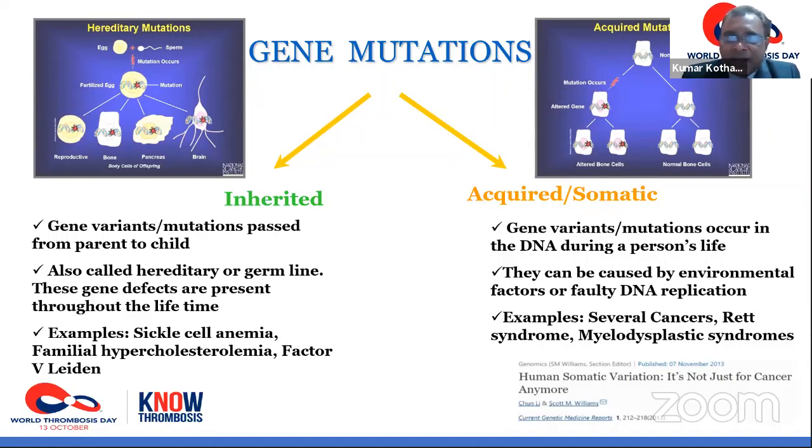Inherited mutations pass on to the next generation because they are in the germline, but acquired somatic mutations are only accumulated during a person's lifetime. They are not passed to the next generation. So we need to be very specific here.